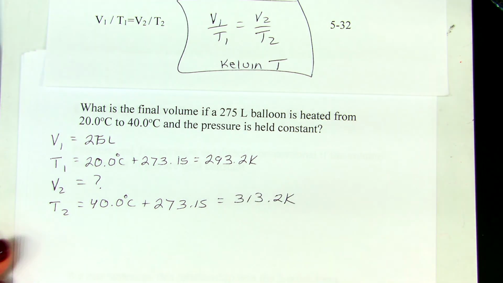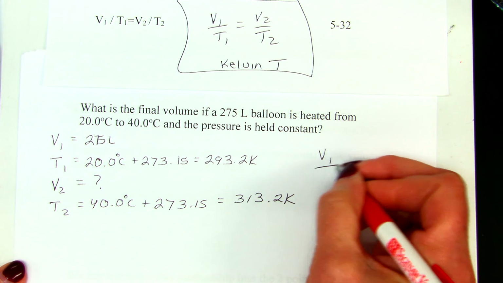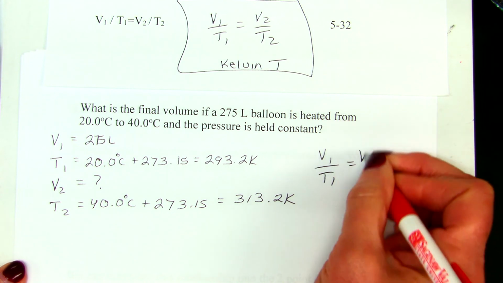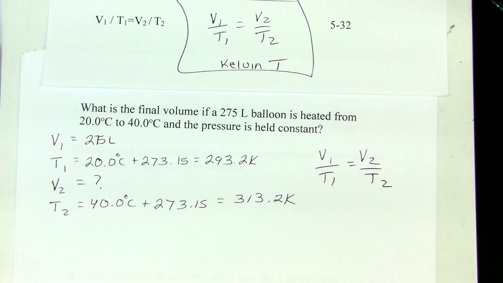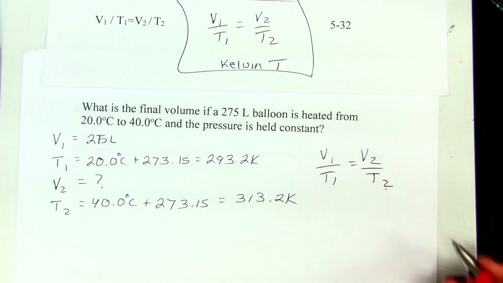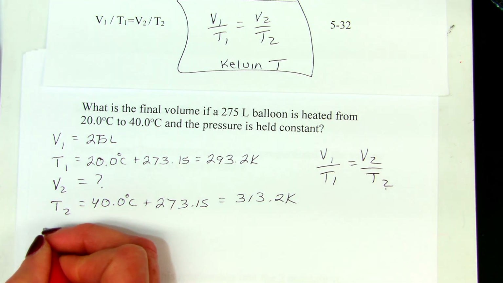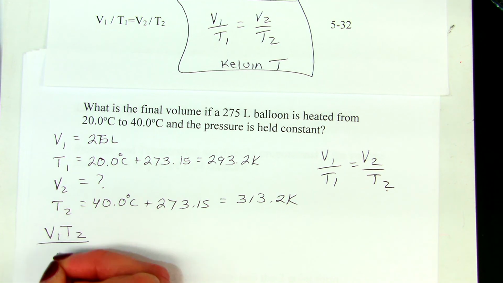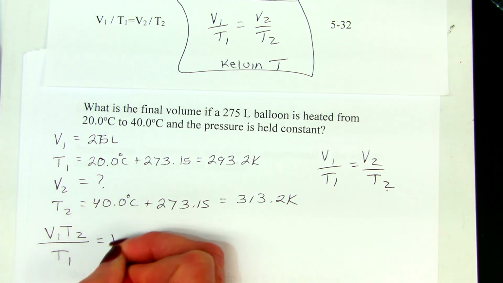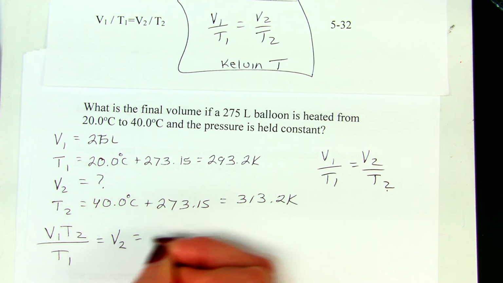So now I have all the information that I need. Now I just have to plug it in and do the algebra. So we know V1 over T1 equals V2 over T2. Since I'm interested in the new volume, I'm going to multiply both sides by the second temperature. So V1 T2 over T1 is equal to my new volume V2.